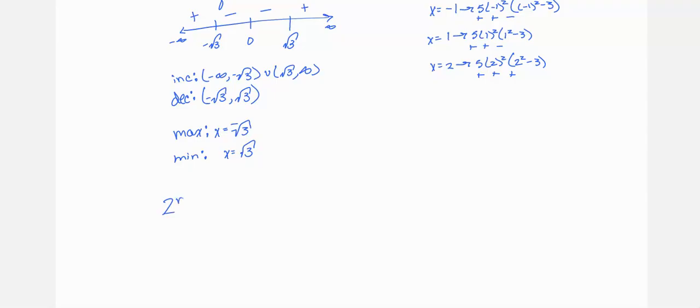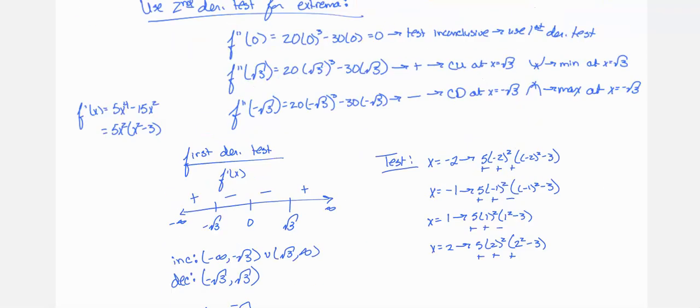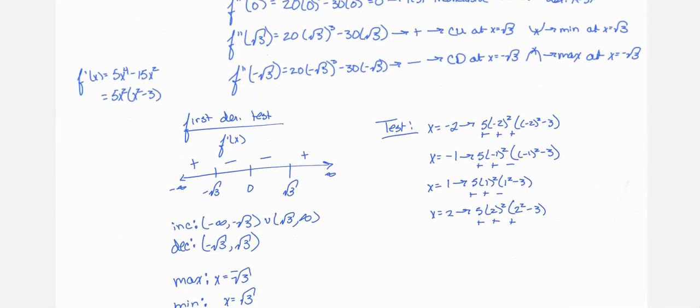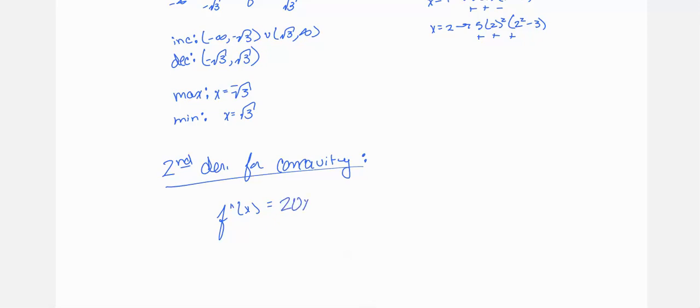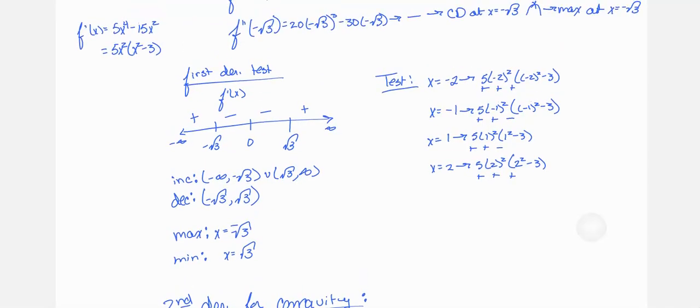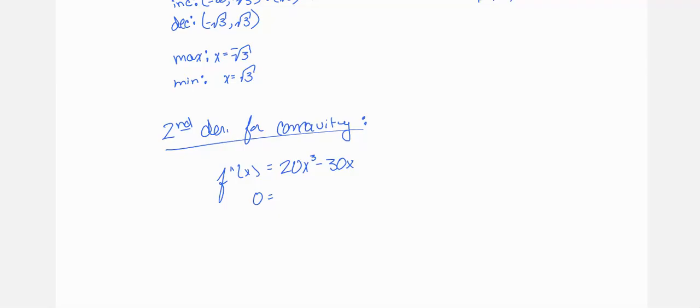Now let's analyze using that second derivative. We're going to look at concavity. We haven't done that yet. So I'm going to have to rewrite my second derivative down here. My second derivative was 20x cubed minus 30x. So we need to find possible inflection points by setting this equal to 0.